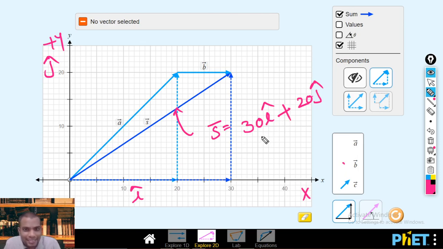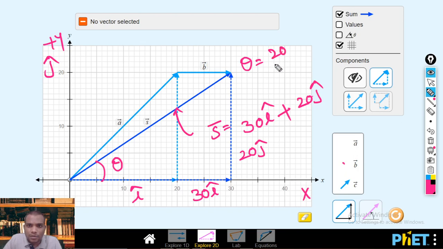And to find the direction theta of the vector, take the horizontal component 30 i cap and the vertical component 20 j cap. Now theta equal to, how much can you write? 20 upon 30. Only the magnitudes you have to write.